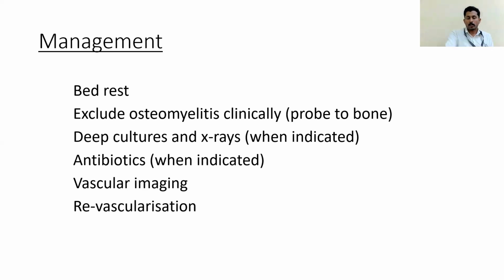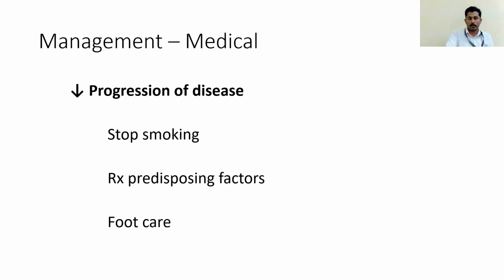Coming to the next modalities, as we discussed, clinical examination and examination of the body. If it's indicated, the patient should undergo vascular imaging, and depending upon the imaging, we have to plan for revascularization. Then the main thing is we should treat the predisposing factor, especially if there is uncontrolled diabetes.